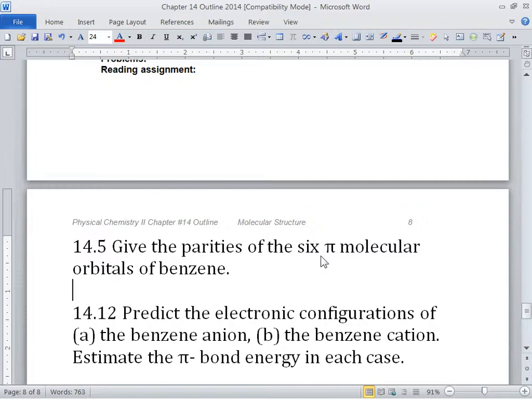Exactly. So to have a U or G in the first place, here's a good question to see if you're ready for the exam. If you have a U or G on these molecular orbitals, that means that molecule has to have a what? A center of inversion, or inversion point, whatever you want to call it. Right?